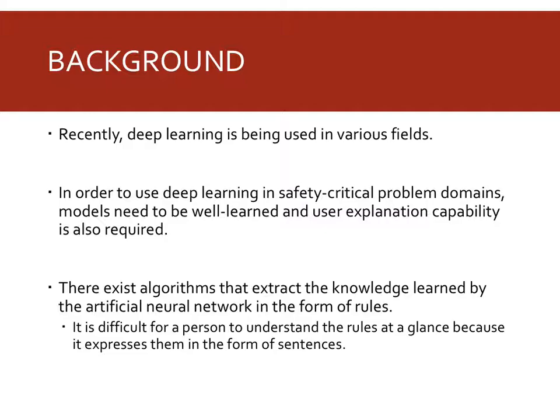So when we use deep learning for some decision, it is very important to know why the deep learning decided in this way. We call it the rule, what the deep learning understands, and the rule is the knowledge that the deep learning really trained.